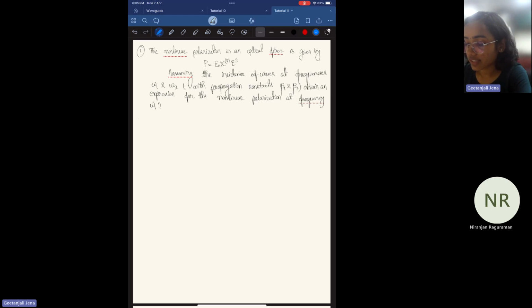So the incident source has two frequency components, omega 1 with propagation constant beta 1 and omega 2 with propagation constant beta 2. The question asks to find the nonlinear polarization P NL corresponding to frequency omega 1. Okay, so let me start.